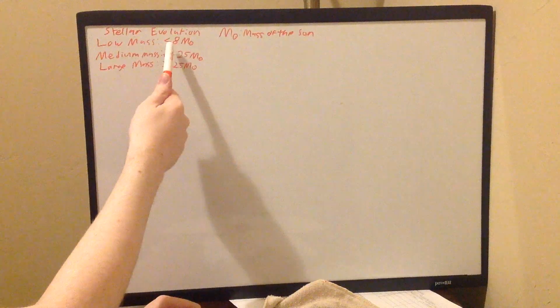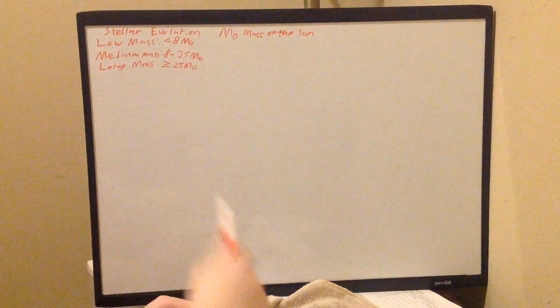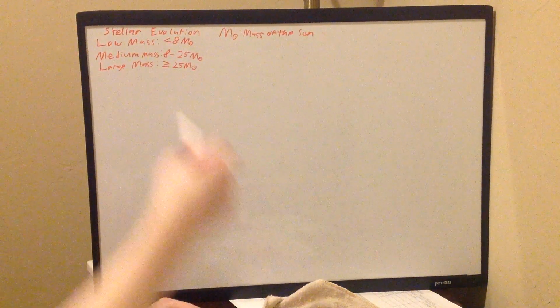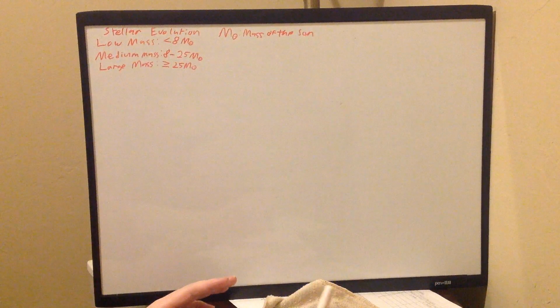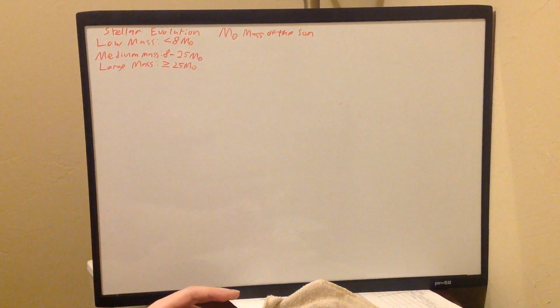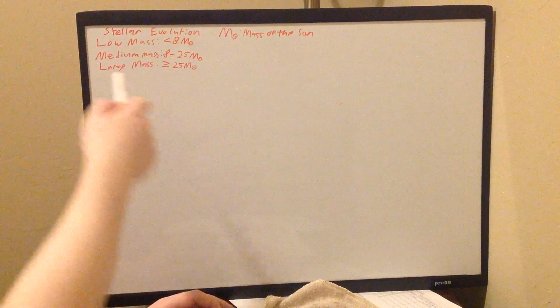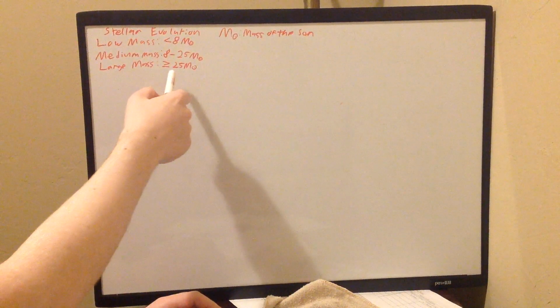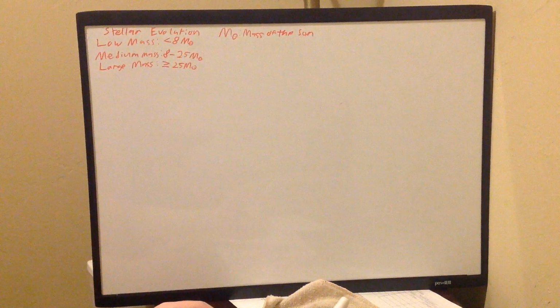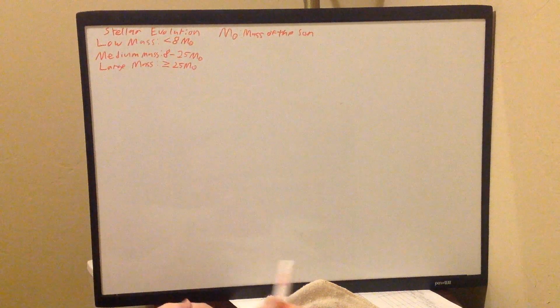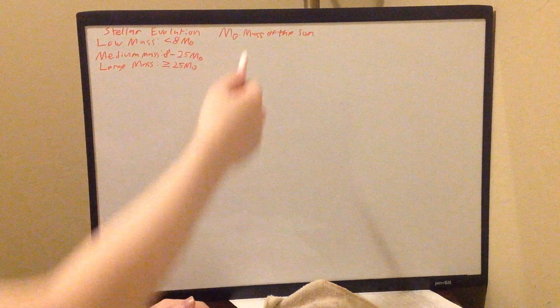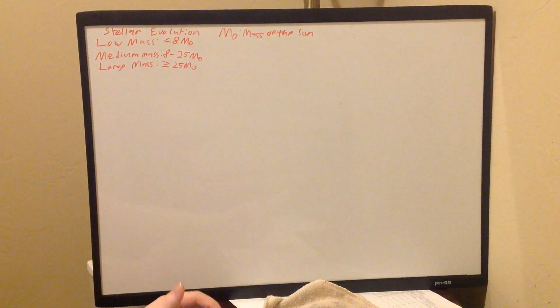Low mass stars are less than 8 solar masses. Medium mass stars are from 8 to just under 25 solar masses. And large mass stars are greater than or equal to 25 solar masses, where a solar mass is the mass of our sun.